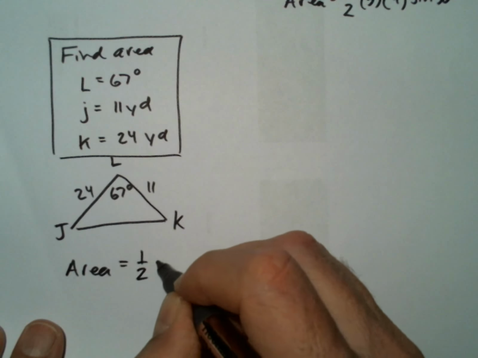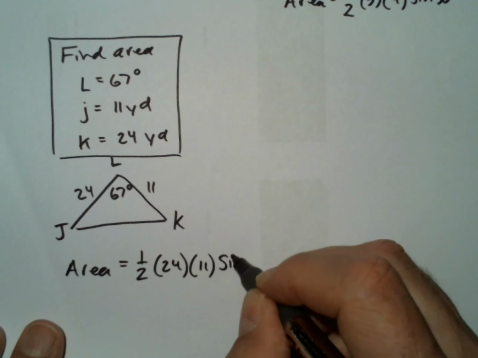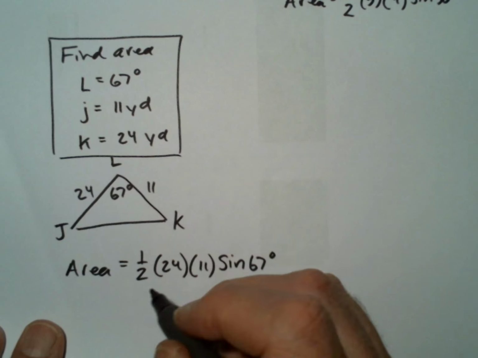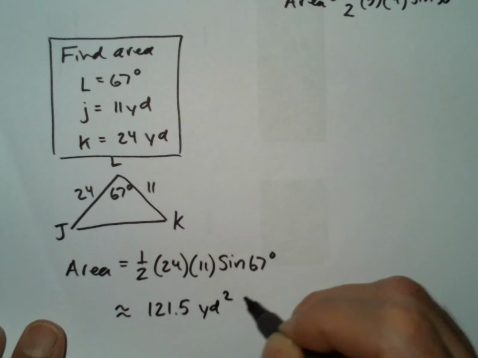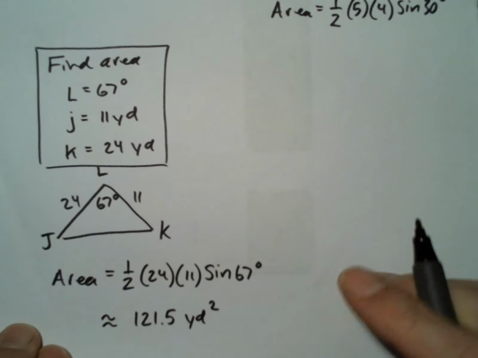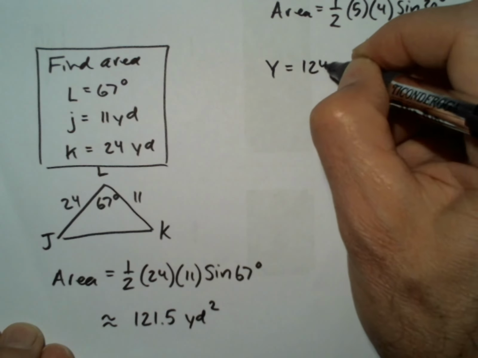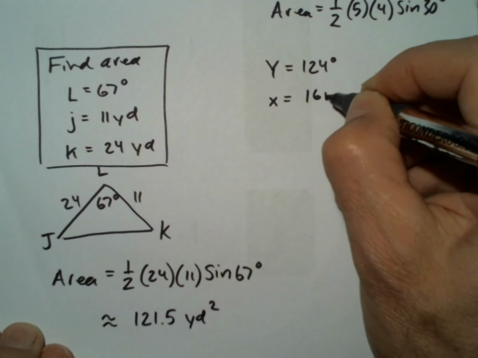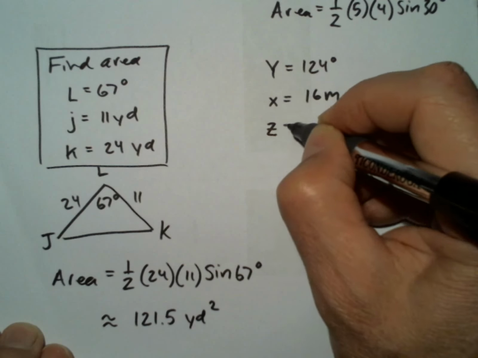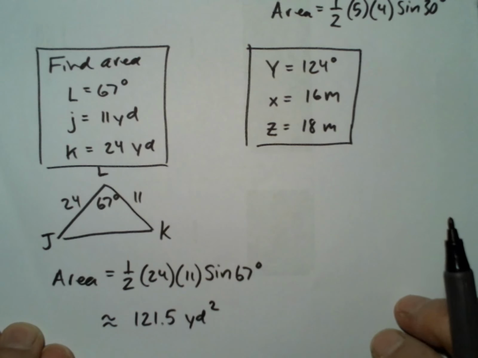The area is 1/2 adjacent times adjacent times the sine of the angle. So draw that triangle and find the area. Pause the video.